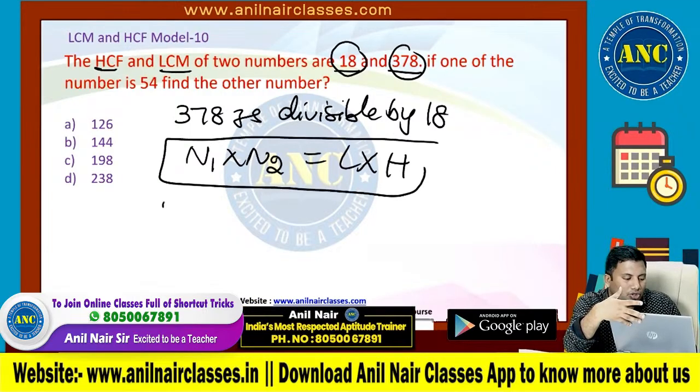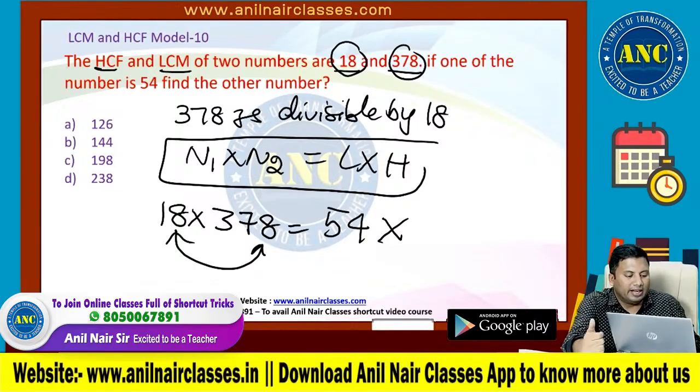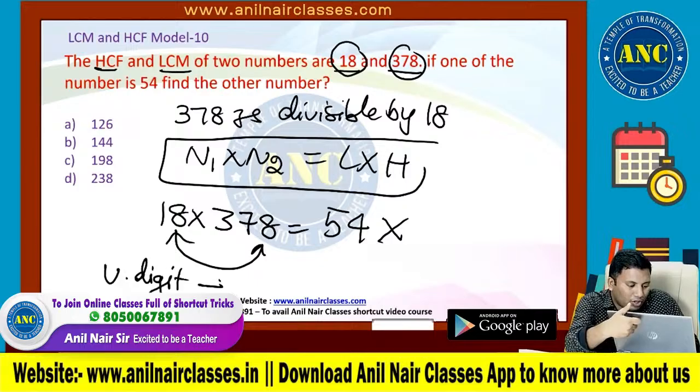You don't need to multiply anything. 18 into 378 is equivalent to one number being 54, another number. 8 8s are 64. Unit digit is 4. First option.